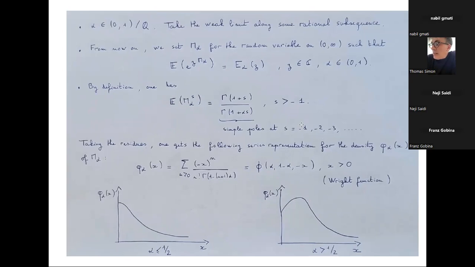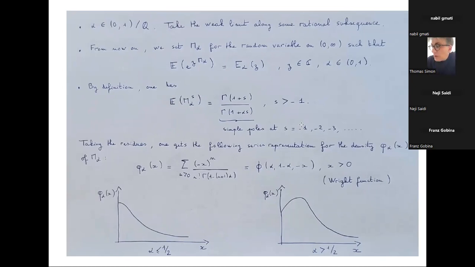You can notice that this series has a double alternating character. The first alternating character comes from the -1 to the power of n, and the second one comes from the gamma function in the denominator with a minus. So the sign of the gamma function also alternates, but not as regularly as it is the case for -1 to the power of n, of course.